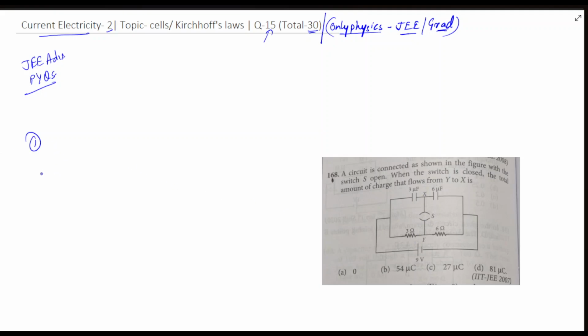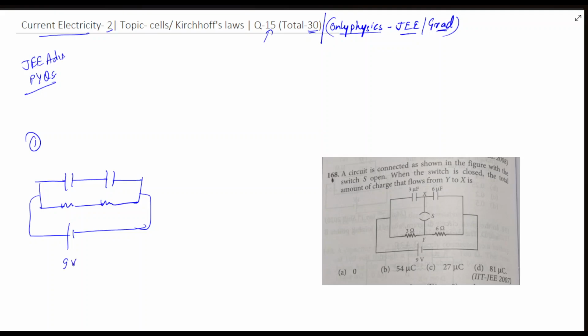So let's start. When the switch S was open, this wire does not have any purpose here, so we'll just draw it like this. These capacitors and these resistors are in parallel.